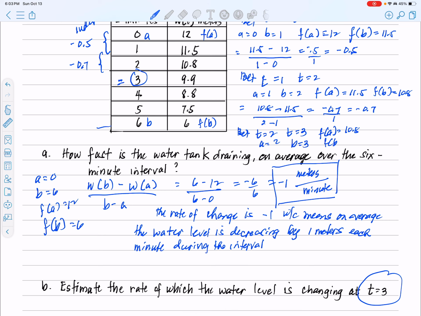And f of b, when it's 3, that's 9.9. All right, so that would become 9.9 minus 10.8, then I have 3 minus 2. So I have a negative 0.9.